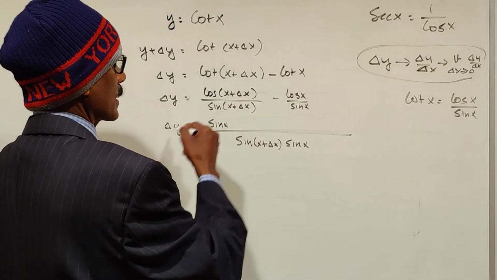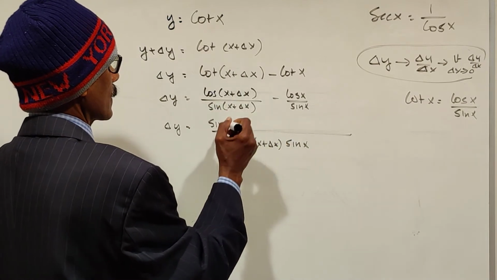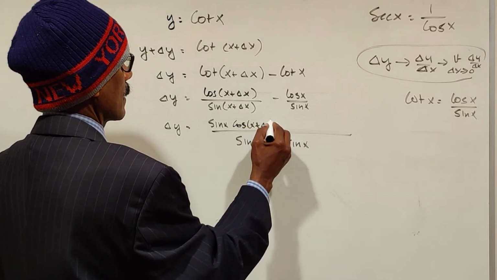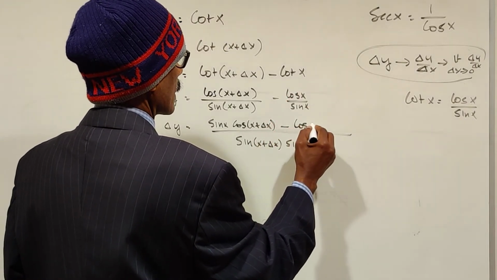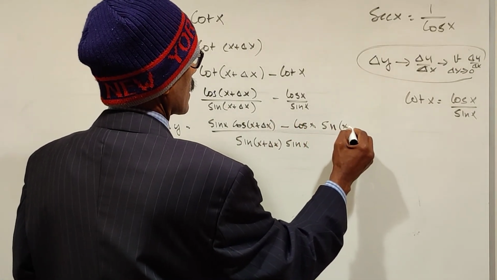So sin(x plus delta x) cancels in the first term. So the leftover is sin x times cos(x plus delta x), minus cos x sin(x plus delta x), over sin(x plus delta x) sin x.